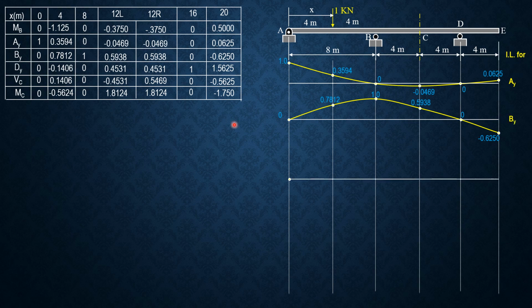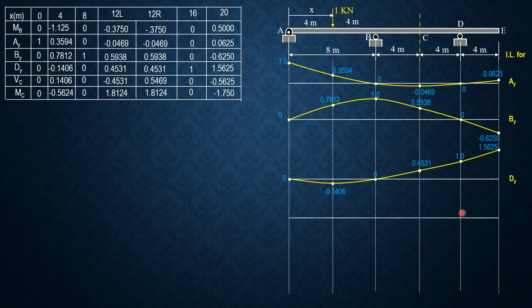Next, for dy, it begins with 0, negative 0.1406, 0, 0.4531, then 1, 1.5625. So that's the influence line for dy.